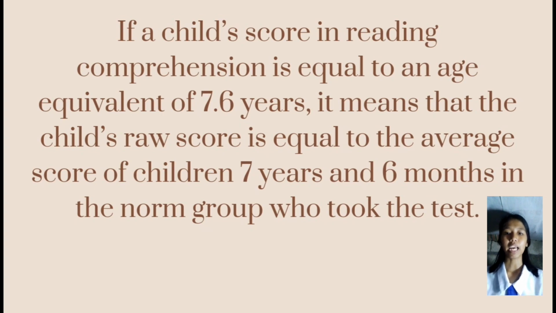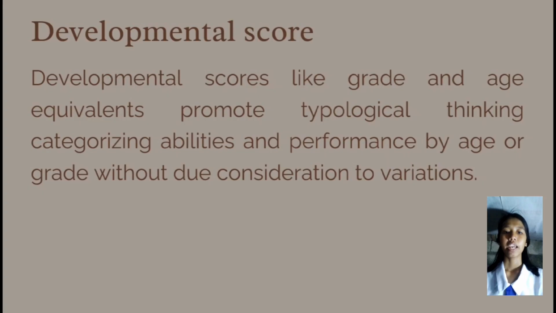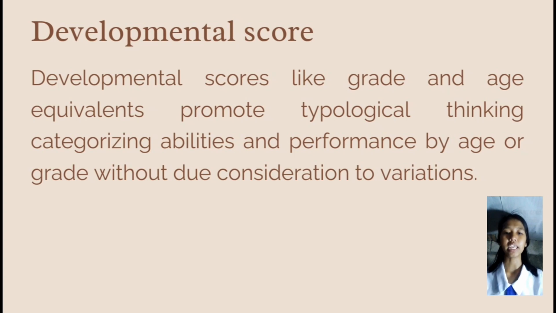It does not imply that the child necessarily performed at the age level of 7.6 years. Developmental scores like grade and age equivalents promote typological thinking, categorizing abilities and performance by age or grade without due consideration to variations.